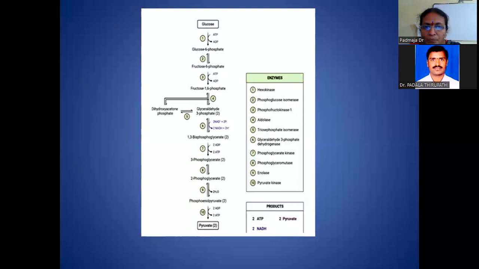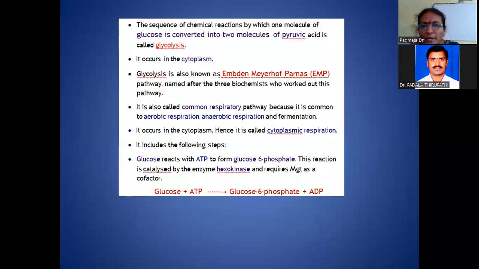And now the sequence of chemical reactions by which one molecule of glucose is converted to two molecules of pyruvic acid is called glycolysis. This is taking place in the cytoplasm. It is called the EMP pathway, and this is the common step for aerobic respiration, and it includes the following steps.